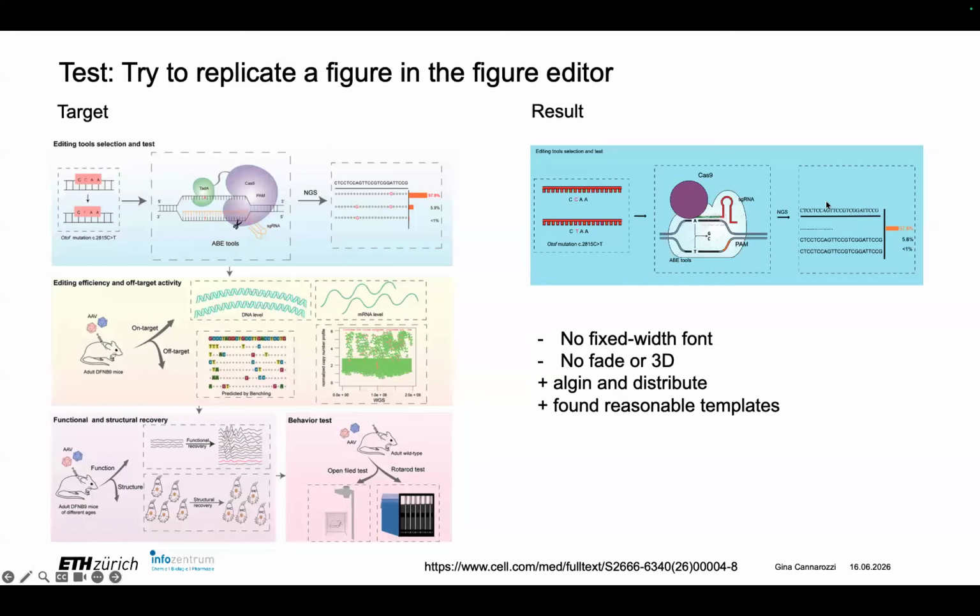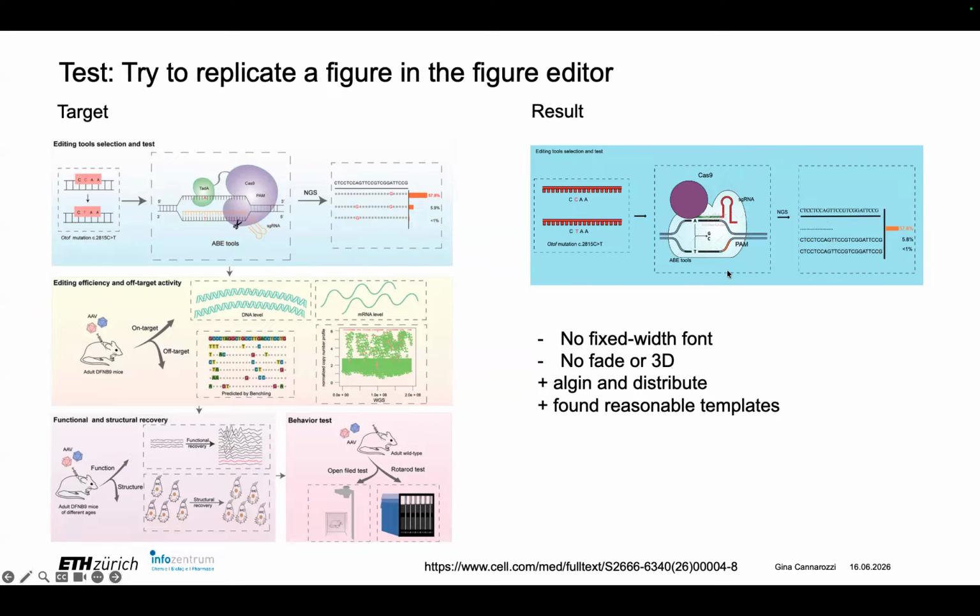One thing that I didn't like is that when making biological sequences, it didn't have a fixed width font. So you can see here, these sequences have the same number of characters, and even if you put a bunch of dots, they have different lengths. And so when you're drawing sequence alignments, this is not what you want.